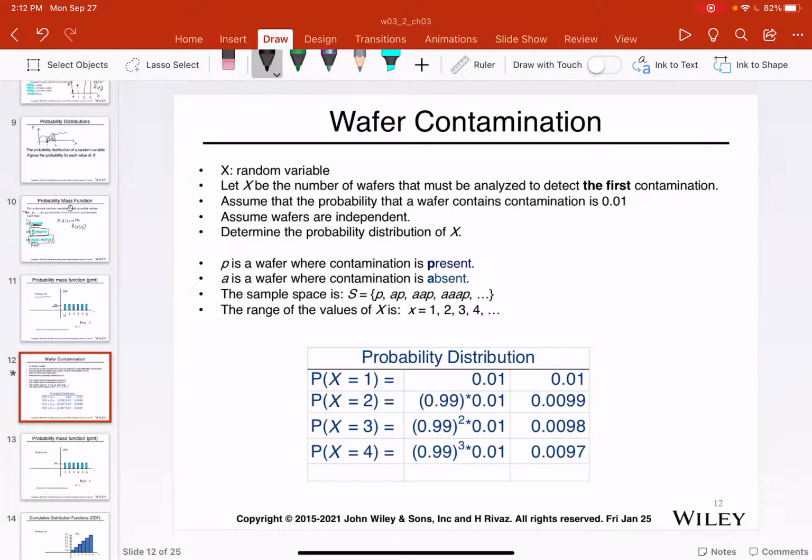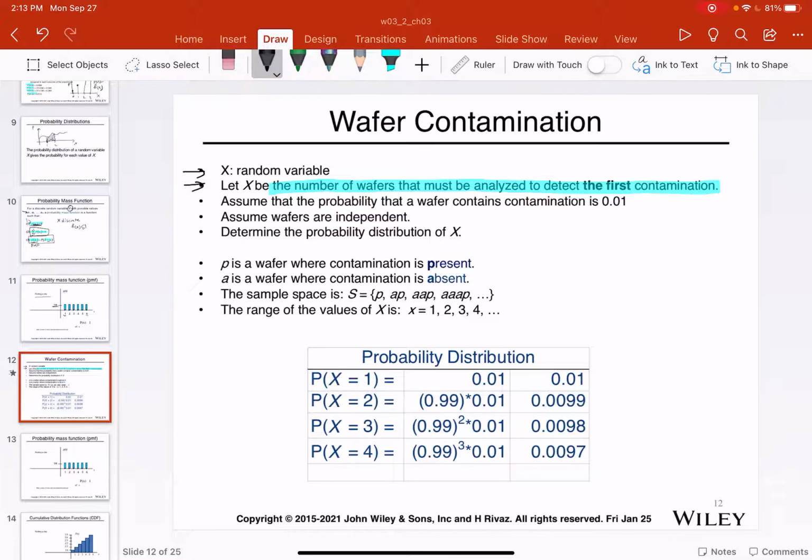So let's look at another example. X here is my random variable, and x is the number of wafers that must be analyzed to detect the first contamination, right? These are basically the bullet points of the important information about the question. I have a big bag, let's say it has an infinite number of wafers inside.